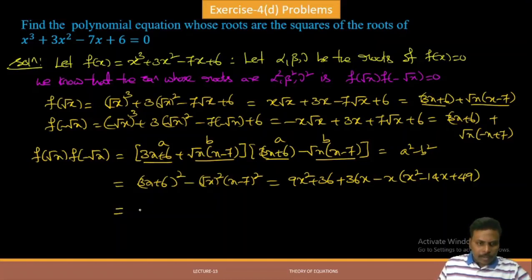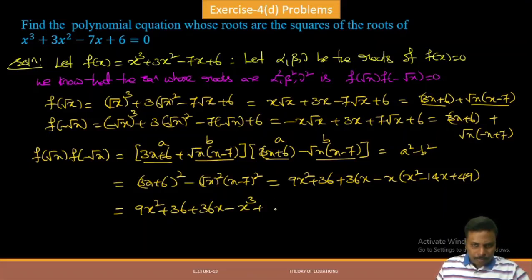So that is equal to 9x square plus 36 plus 36x minus x cube plus 14x square minus 49x.